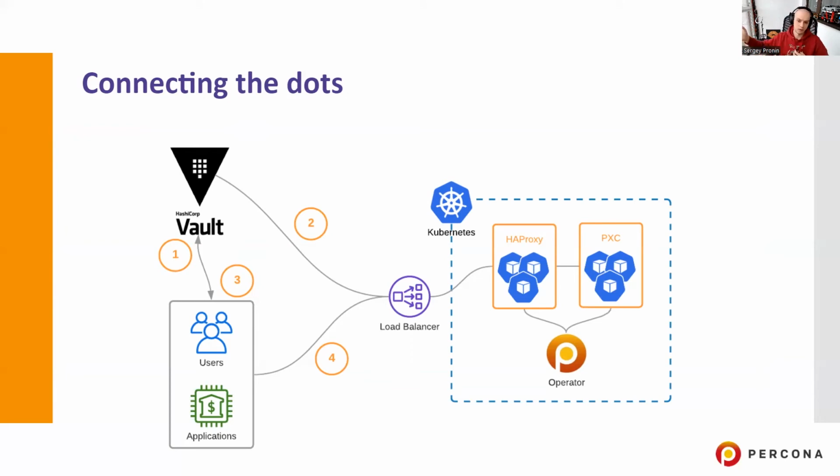And if you run on public cloud, for example, then you probably want to expose your HAProxy to the outside world so that users can connect, and we do it with the load balancer. In the case of Amazon, it's going to be NLB or ELB, doesn't matter. In our case, both HashiCorp Vault and our users and applications connect through this load balancer, which is probably not a good idea.